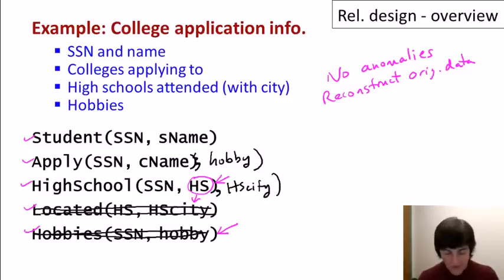So it looked like we were taking our nice small relations and moving back to a design that had bigger relations, but in this case it was very well motivated. We needed these attributes together to identify the high school, and we wanted to have our hobbies specific to the colleges. So what that shows is that the best design for an application of relational databases depends not only on constructing the relations well, but also in what the data is representing in the real world.